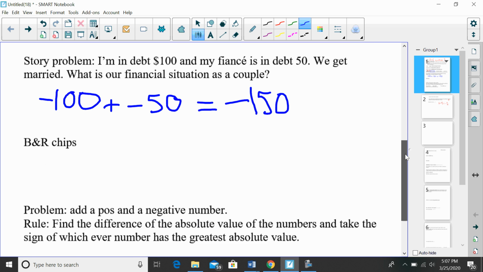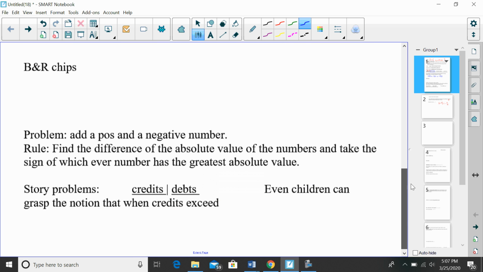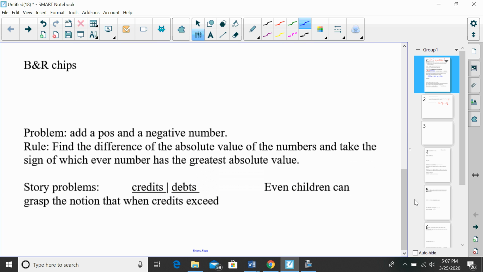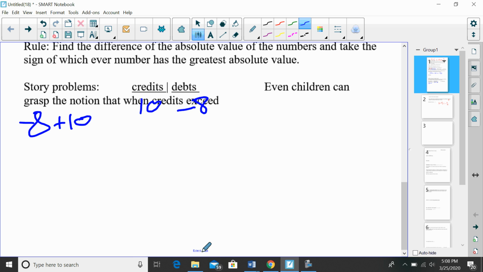Now, going down here, even young kids can understand this idea of debits and credits. So my story problem involved -8 plus 10. If I talk about this as credits and debits, I have a credit of 10, I have a debit of 8. Young kids already have this notion that you would have a positive amount of money in the end.